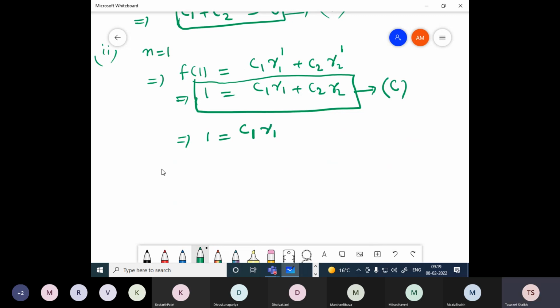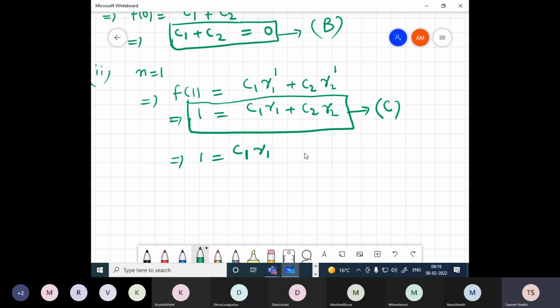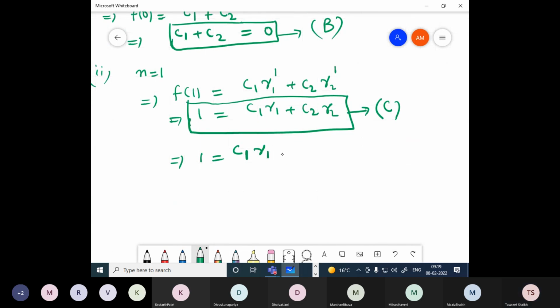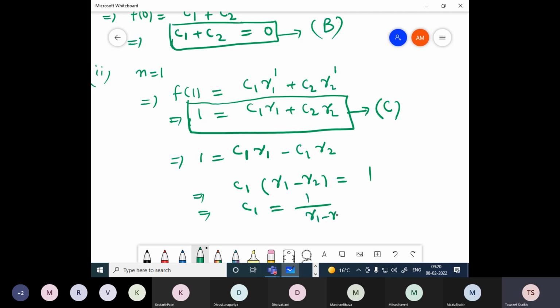In place of C2, I can substitute the value minus C1 R2 from equation B. So I can take C1 as common: C1 times R1 minus R2 will become equal to 1. So C1 will be equal to 1 by R1 minus R2.